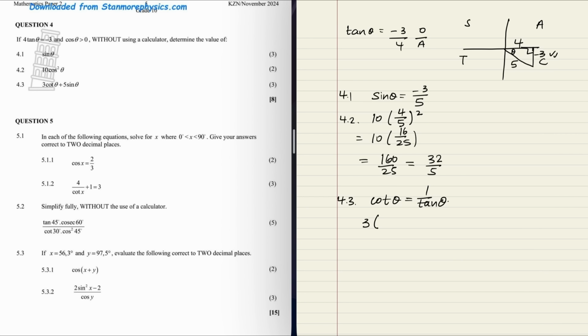So 1 over tan theta is going to be minus 4 over 3. Then we are adding 5 sine theta, and sine theta was minus 3 over 5. Now it's a matter of simplifying a bit here. So the 3 and the 3 here will cancel, so you have minus 4. The 5 and the 5 here are going to cancel, so minus 3. And so that answer is then minus 7.